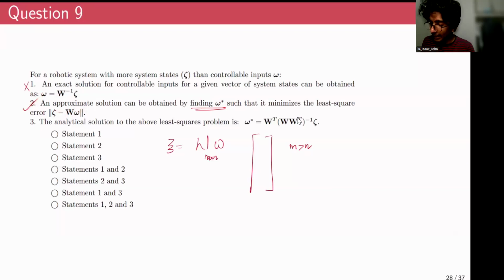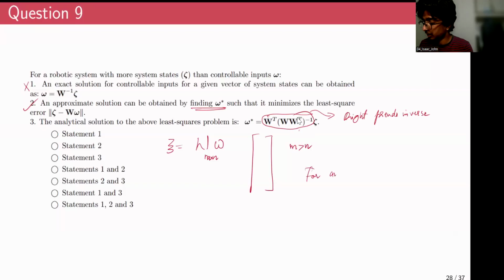And the third is the analytical solution for the above least squares problem is given as so. And if you can recall, this is actually the right pseudo inverse, which is obviously not applicable for an overdetermined system.